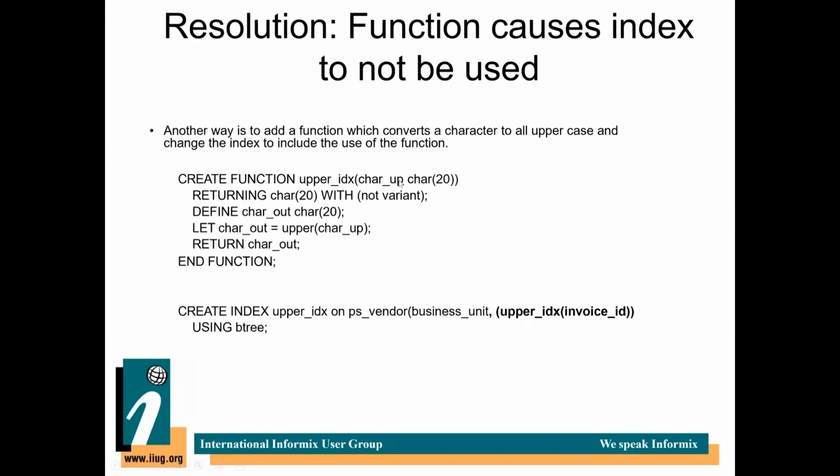Just create a function, with a character field of size 20, defined it, and then we converted that character field to uppercase. Then we created a new index which used the upper function for the invoice ID. And that again took the query performance from 20 minutes down to 5 seconds.